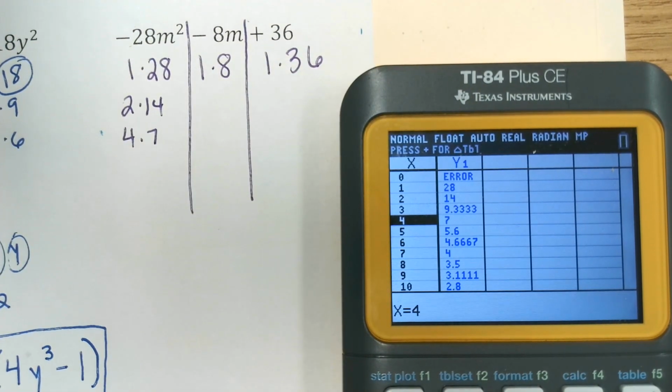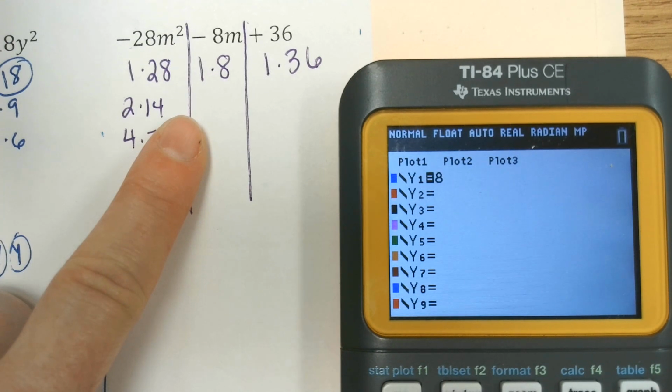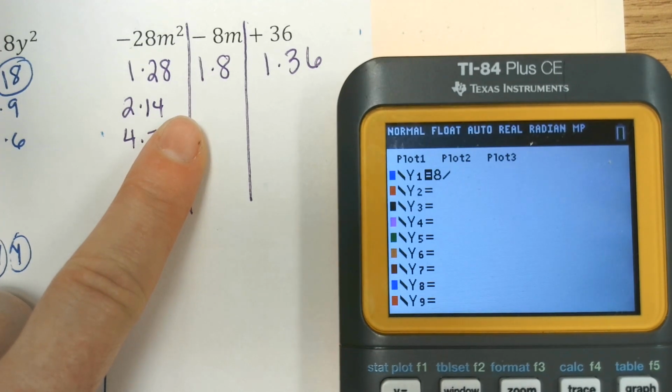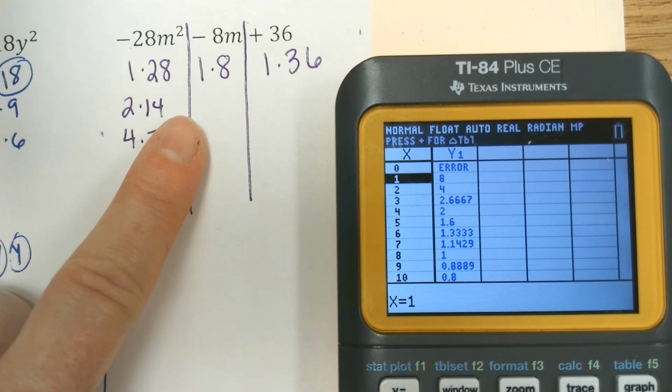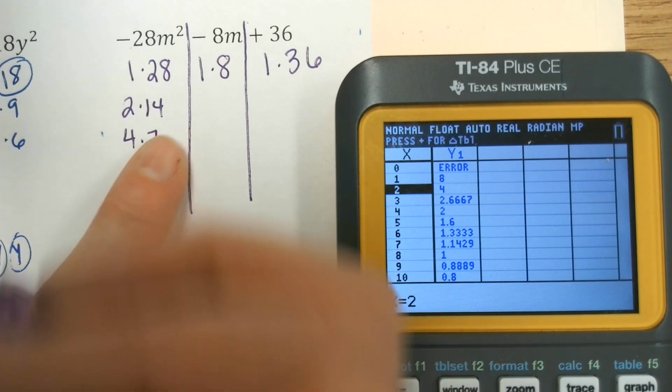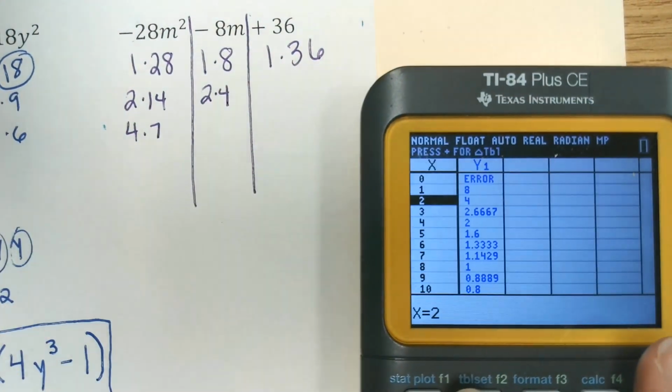Okay, check your factors with mine on 28. Then do 8. I don't think we've done 8. 8 divided by x. 1 times 8, 2 times 4. That's it. 36.